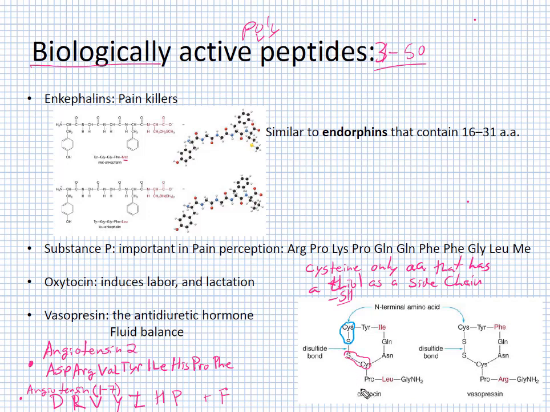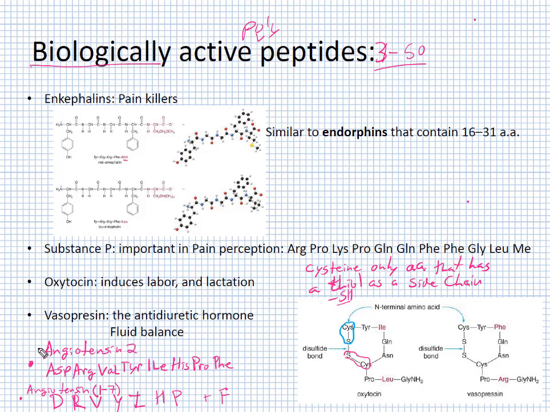So oxytocin, vasopressin also forms this disulfide. The difference here is highlighted. One's isoleucine, one's phenylalanine. Here it's leucine, here it's arginine. Glycine is here, the C-terminus. So it's the same C-terminus, it's just these 2 differences.